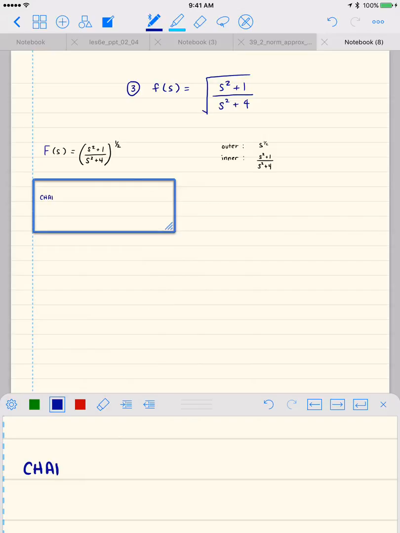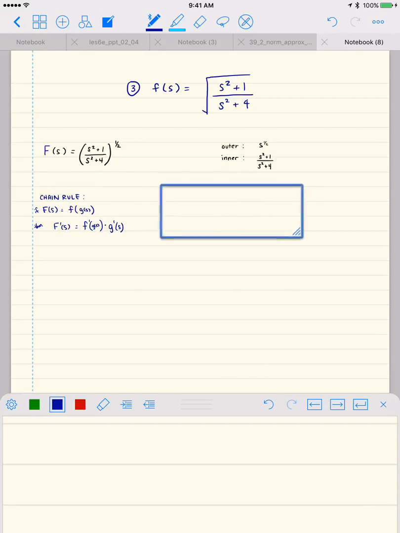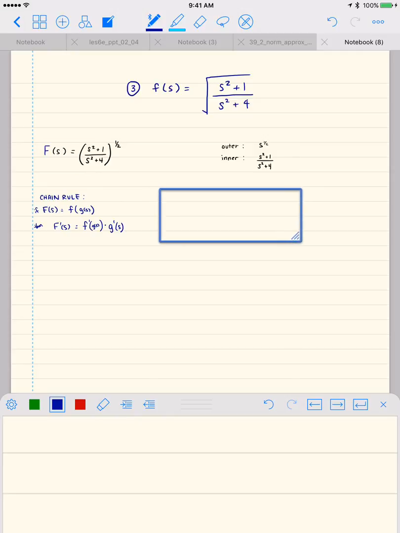Chain rule says if I've got f of s as my outer of my inner, then f prime of s is going to be f prime evaluated at my inner times g prime. Okay, so that's in the back of my mind.